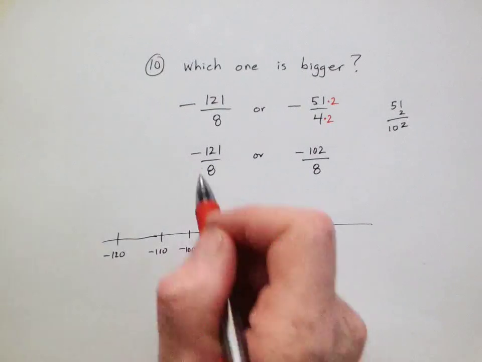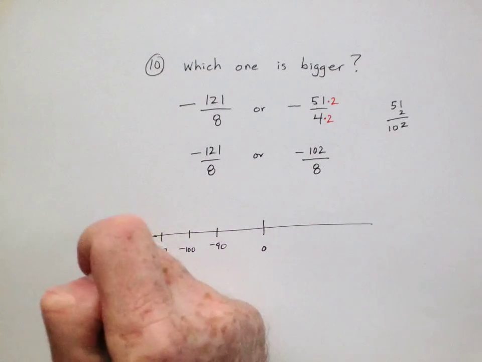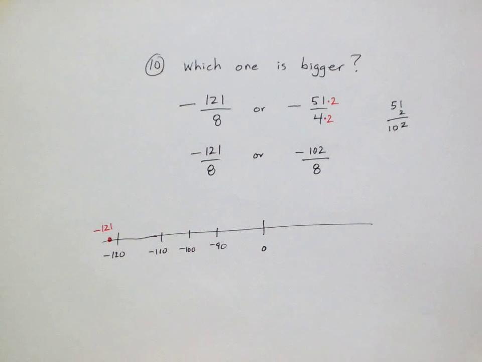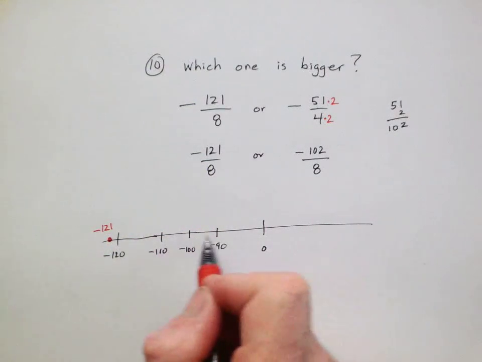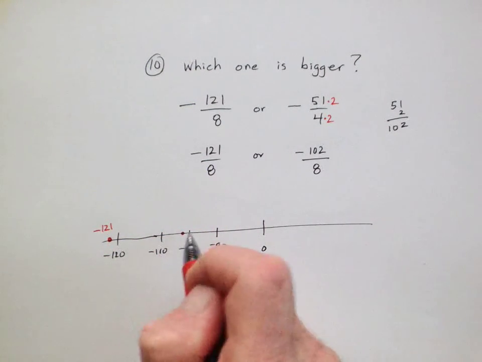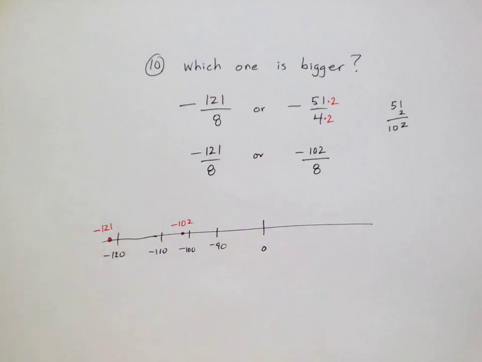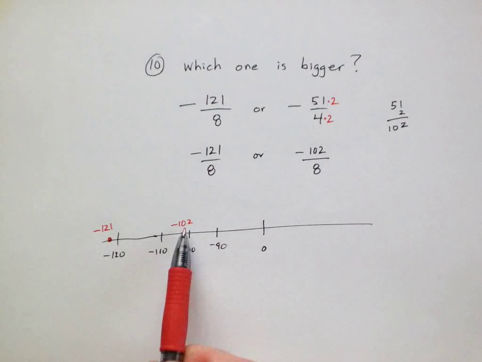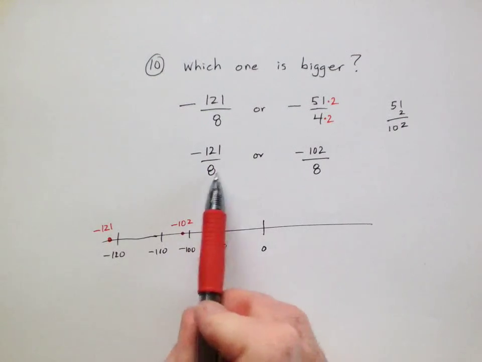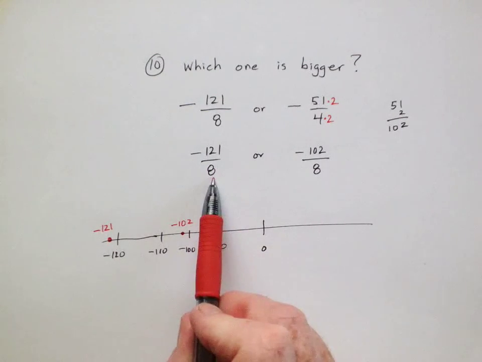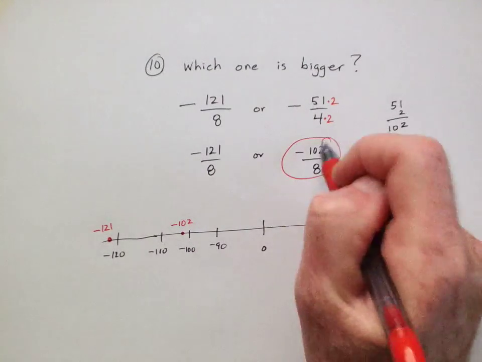So negative 121 would actually be right here, and the negative 102 would be right here. So the question was, which one is bigger? This is the one that's bigger. And like I said, since the 8s are the same, you don't have to compare those. This one is the one that's bigger.